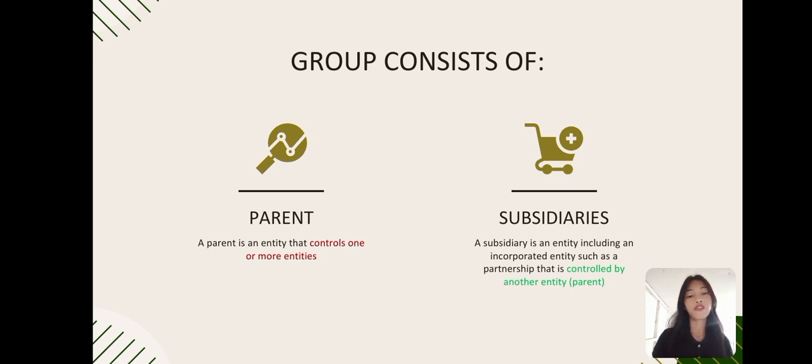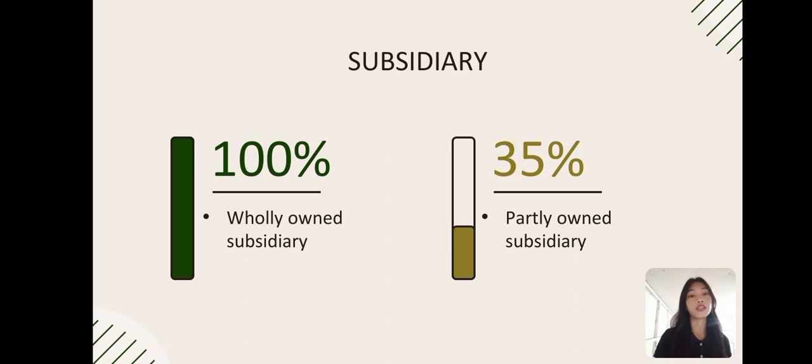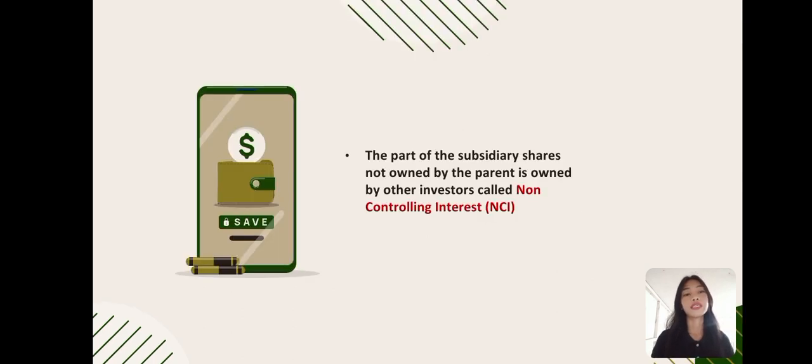And the best example for a subsidiary is Instagram because it was acquired and controlled by Facebook as its parent company. And just like what I said earlier, a subsidiary can be wholly owned or partly owned. And next, the part of the subsidiary's shares not owned by the parent is owned by other investors called non-controlling interests, or NCI.